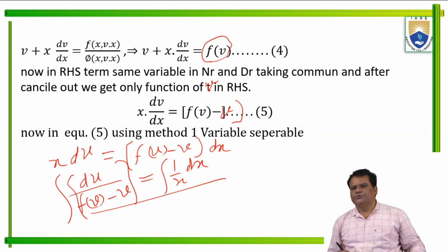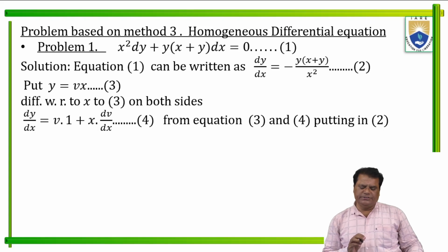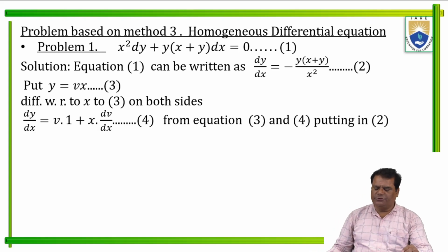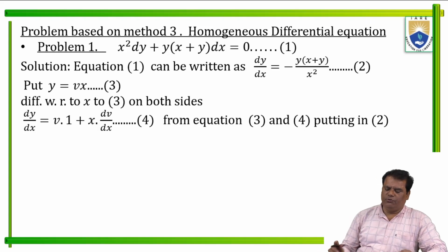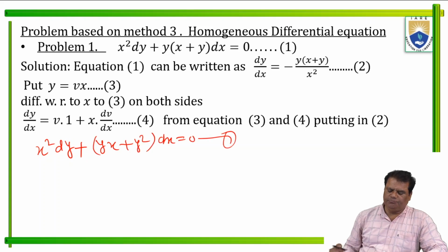Now this integration problem is based on method 3, homogeneous differential equation. So I am solving this differential equation with the help of the homogeneous differential equation method. Question 1: x² dy + (x + y²) dx = 0. This is equation 1.